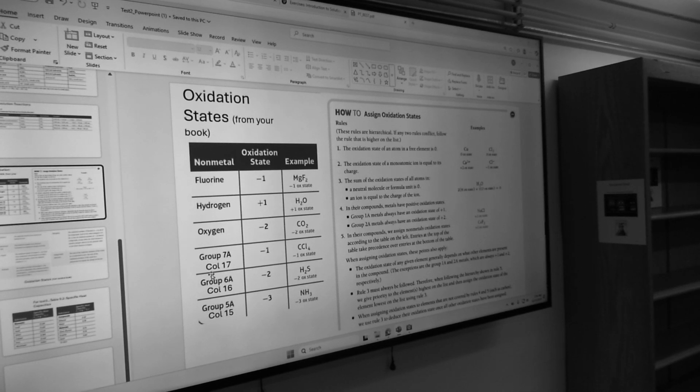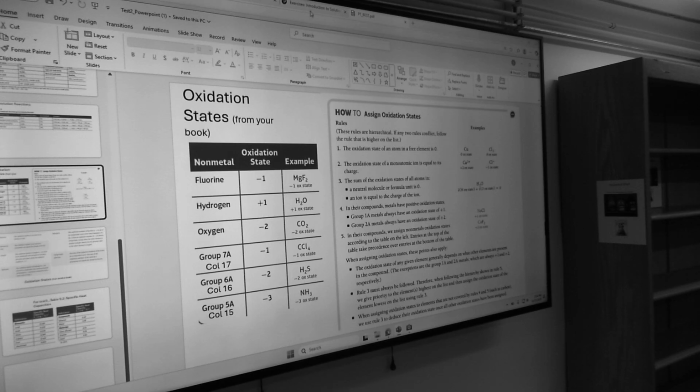So I stuck in there column 17. So column 17 is where fluorine, chlorine, and bromine are. Column 16 is where oxygen and sulfur are. And 15 is where nitrogen and phosphorus are. But these are the charges you would expect these to have anyway. Hydrogen might be a tricky one, but it's always +1.